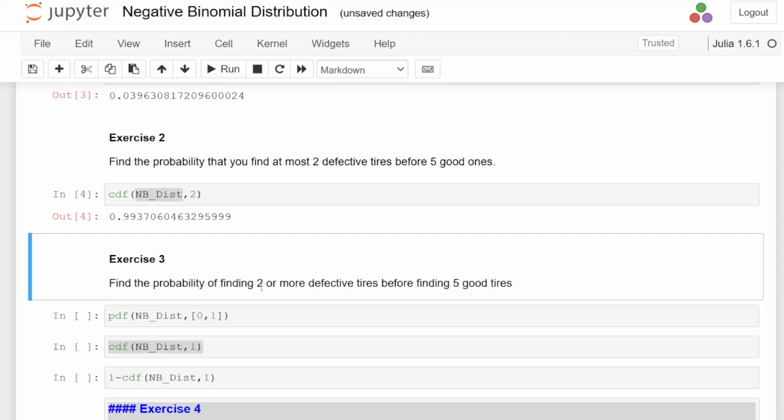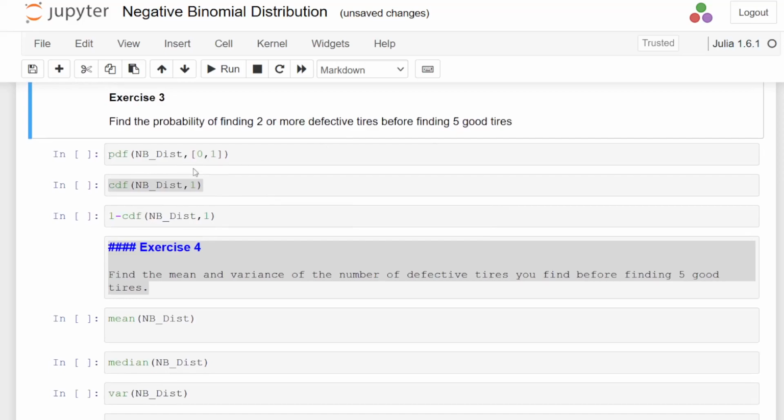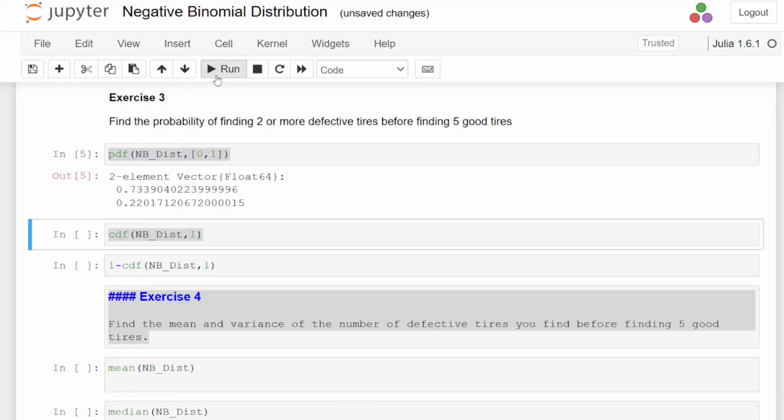Find the probability of finding 2 or more defective tires before finding 5 good ones. Let's look at the various approaches here. First off, we can look at the probability of finding no defective tires, which means you find 5 good ones straight away, or the probability of finding 1 defective tire. The first is 0.733, the probability that the first 5 you find are good, so you're ready to go.